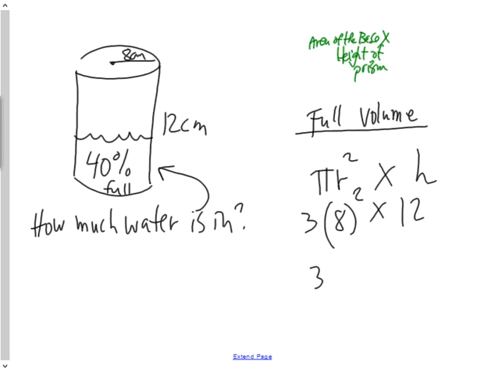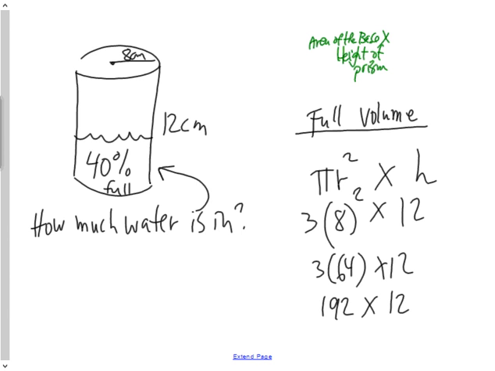So the first thing you have here is 8 squared, because in BEDMAS you would do your exponents first. So the first thing you do is 3 multiplied by 8 squared, which is not 16, but rather 64, times 12. 3 times 64 is 180 plus 12 is 192, multiplied by 12.